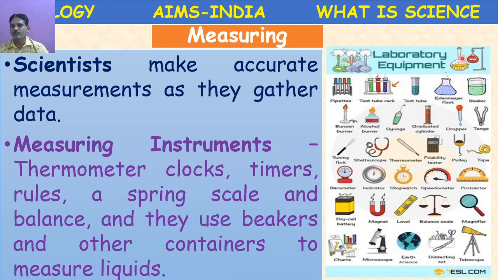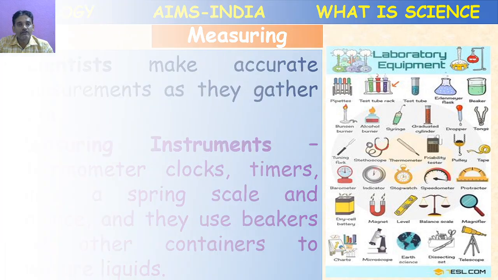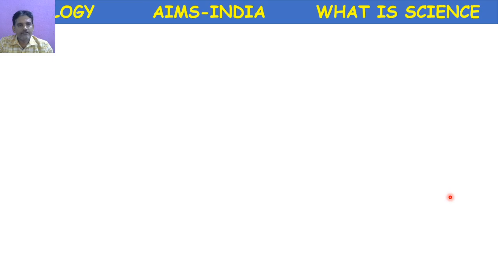They use different types of pipettes, burettes, like that. The different equipment or instruments they use in measuring. So it is very important. They use different methods of measurement. Okay, let us see what the measuring tools are.